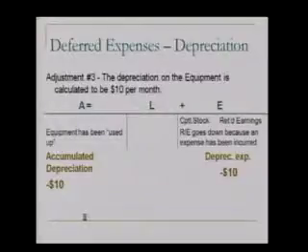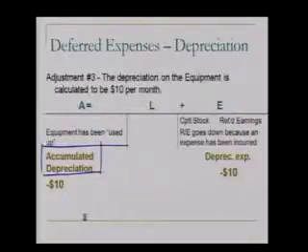We're actually going to get into the calculation part of it later on in this course. But for now, I'm just going to tell you it's $10. Okay? So how do we record this? On the asset side of things, yeah, the equipment has been used up. Okay? We've benefited from its revenue generating ability. And actually what we're going to do is put the entry into a special account called accumulated depreciation.